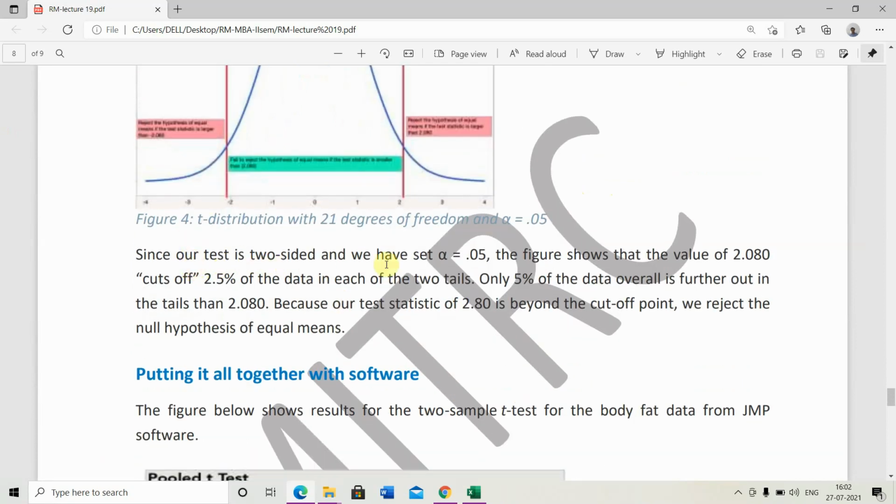Since our test is two-sided and we have alpha equal to 0.05, the figure shows that the value of 2.080 cuts off 2.5% of the data in each of the two tails. Only 5% of data overall is further out in the tails than 2.080. Because our test statistic of 2.80 is beyond the cutoff point, we reject the null hypothesis of equal means.